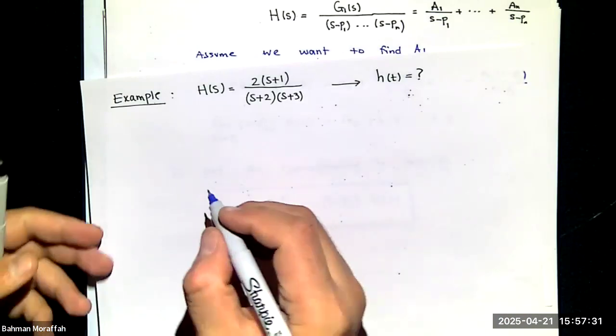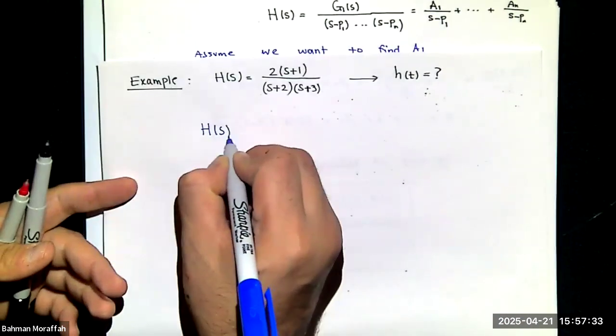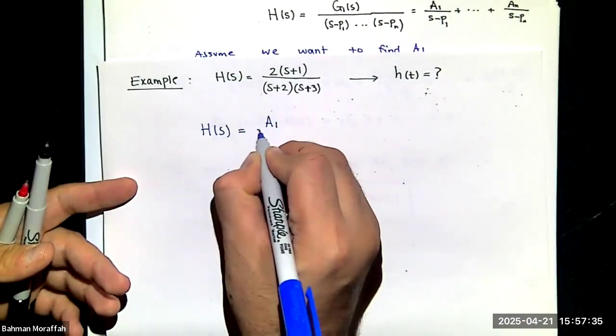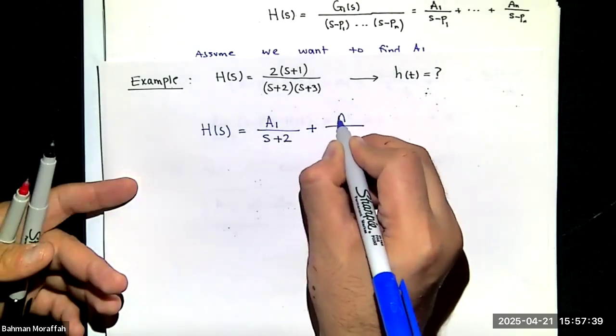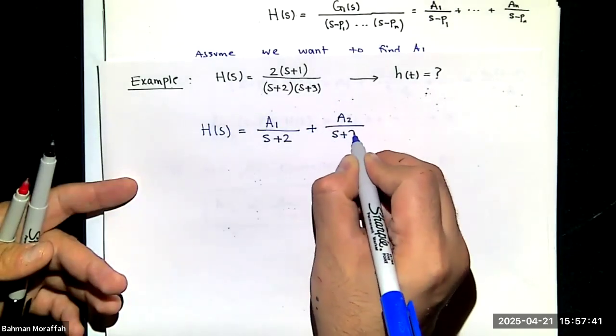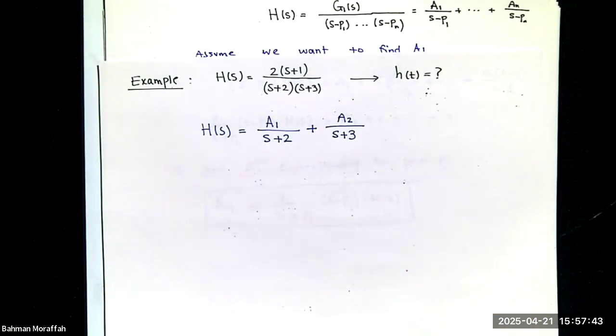Therefore, I can write H(s) as some constant A1 divided by (s plus 2) plus A2 divided by (s plus 3). To find A1 and A2, I can always find a common denominator and equate the two. That method always works. It doesn't matter if it's a repeated root or anything.